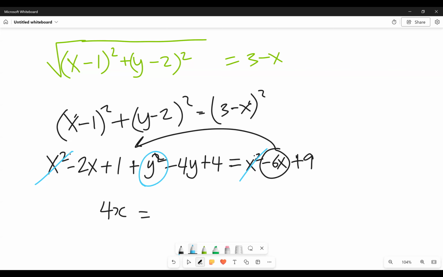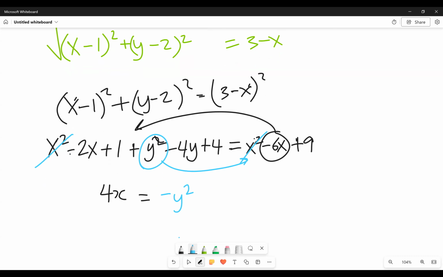This y² is going over here to become negative y². And then this minus 4y is going over here as well to become positive 4y. And then this 4 plus this 1 is 5. We'll bring it over here to become negative 5. 9 minus 5 is going to be 4. Right? And then we're done.